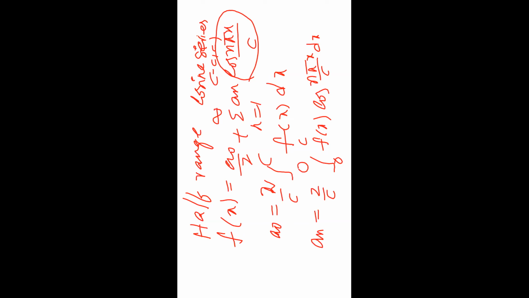The total formula displayed is the half range cosine series in the range from minus c to c.